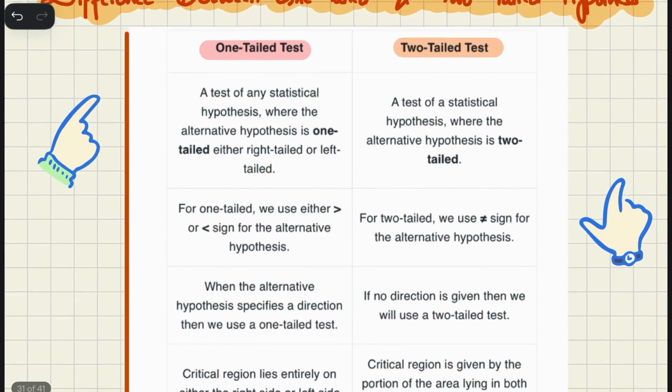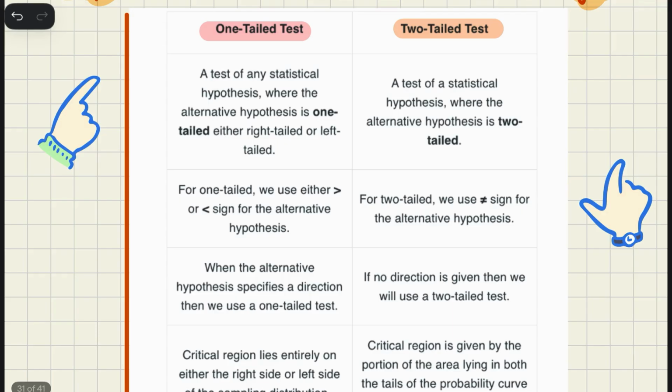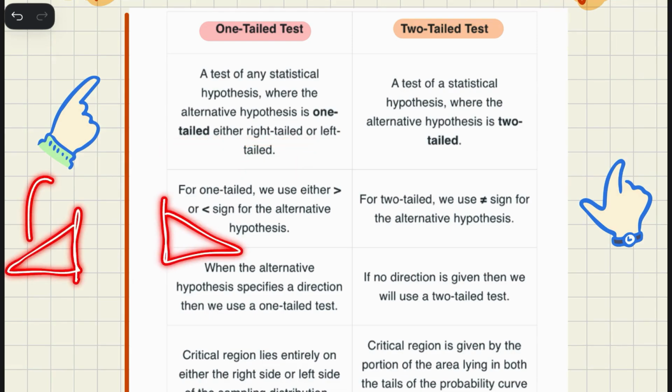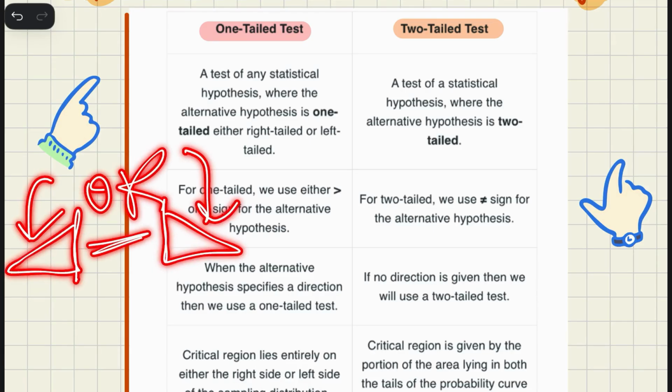So let's quickly revise what we have discussed about the one-tailed and two-tailed tests. A one-tailed test is a statistical hypothesis test where the alternative hypothesis is one-sided, either right-tailed or left-tailed. So the critical regions are either on the left or on the right; there is an or statement.